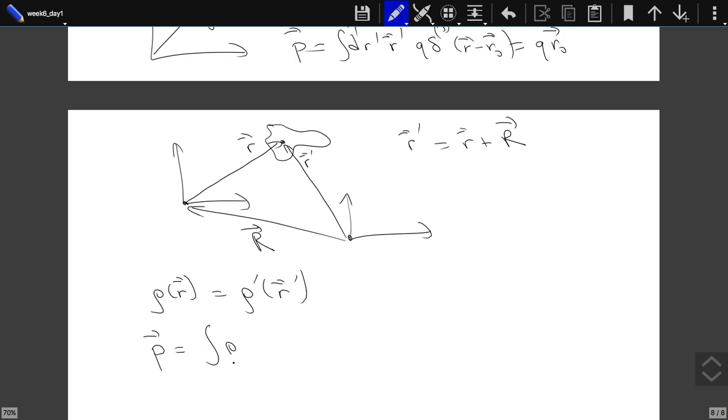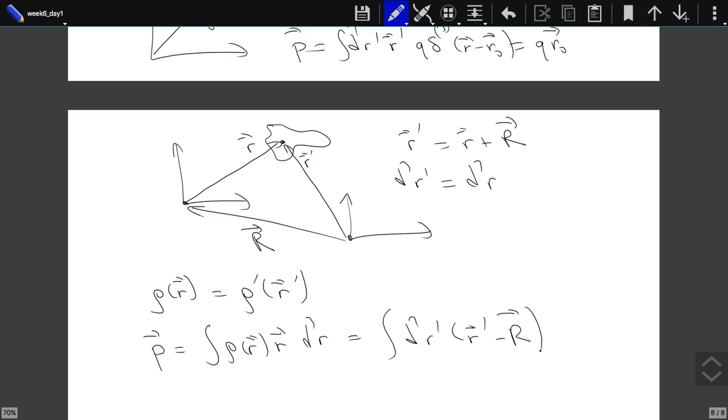The dipole moment calculated in the coordinate system without the primes. Well, you see, this relation tells me that d cubed R prime is equal to d cubed R. The vector R is nothing but R prime minus the capital R. This is the small r vector.